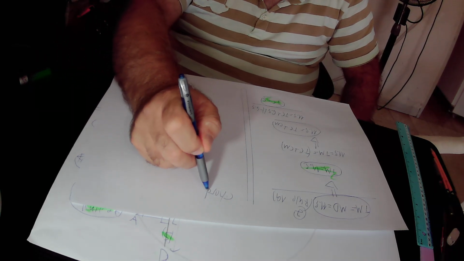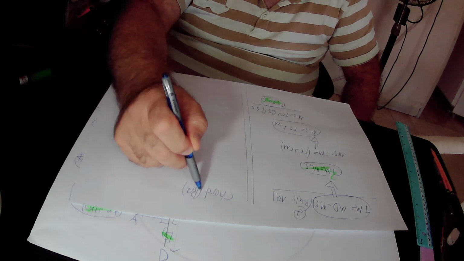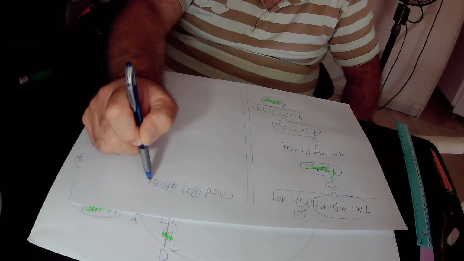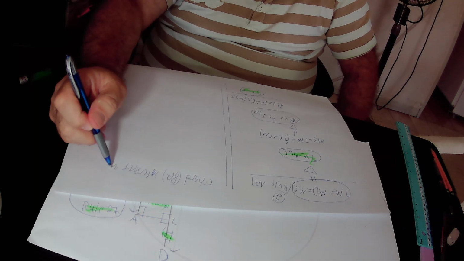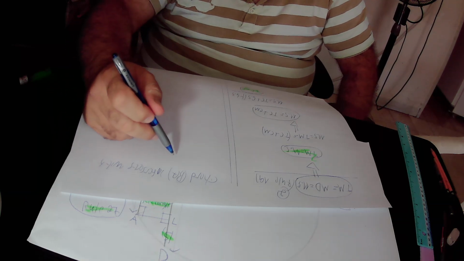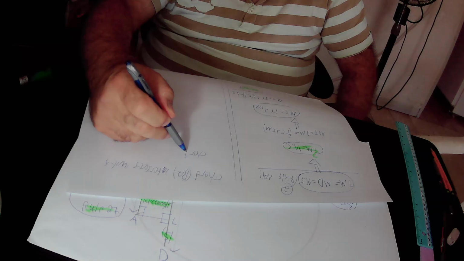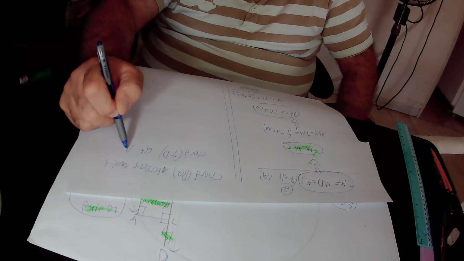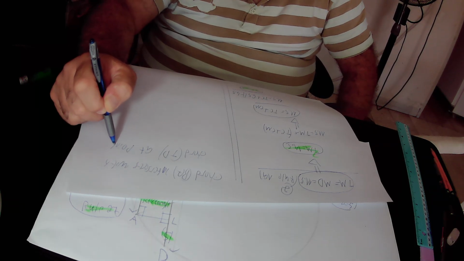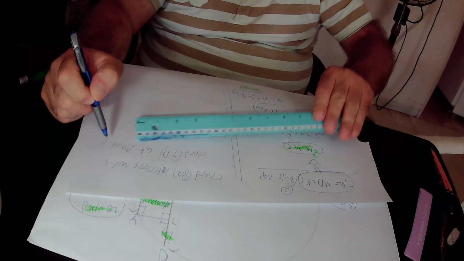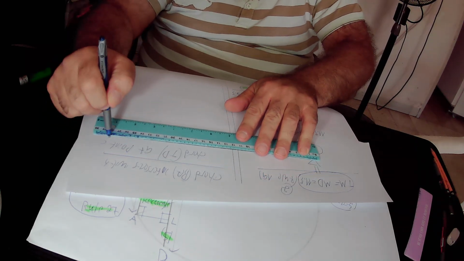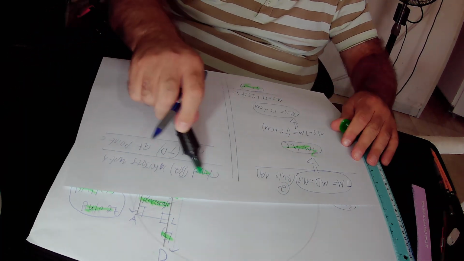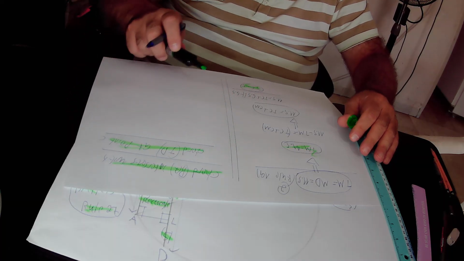Chord BQ intersects with chord TD at point C. So here we can implement rule 15.